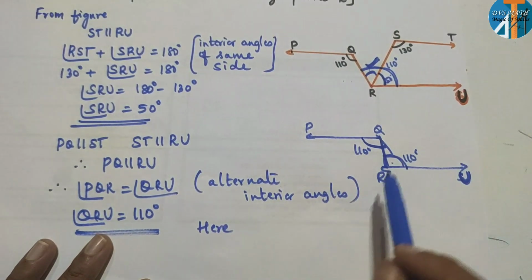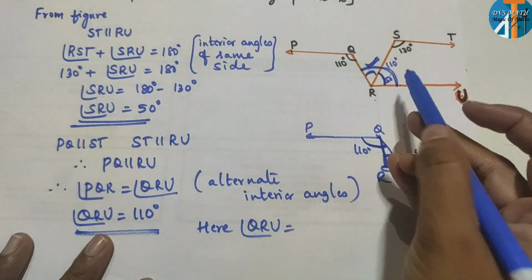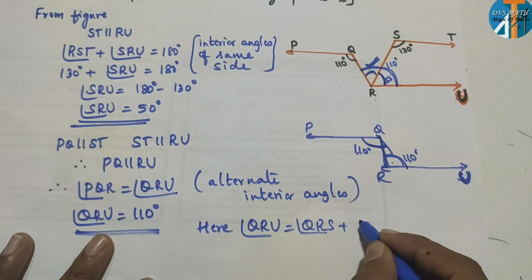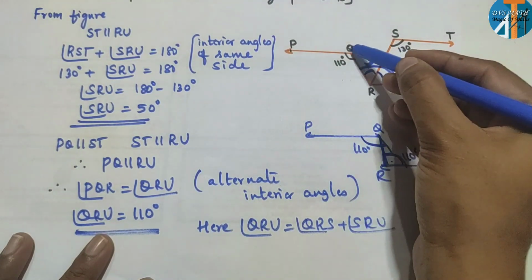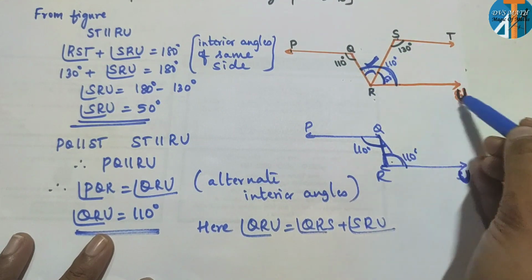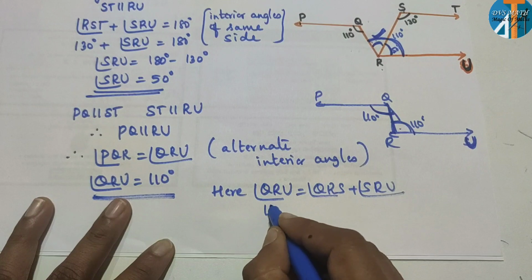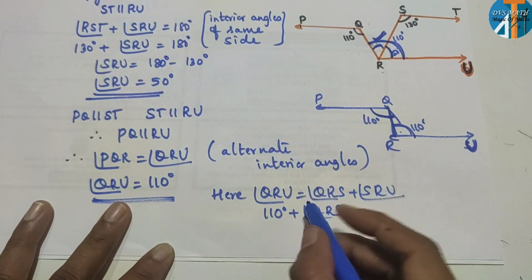Observe carefully, angle QRU is a combination of QRS and SRU. Observe the figure, you will understand. This whole angle is the sum of QRS and SRU. Now let us substitute. What is QRU? 110 degree. Keep QRS as it is, we don't know. What is SRU?